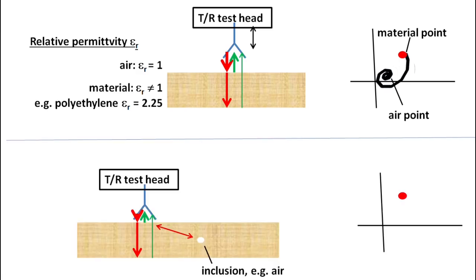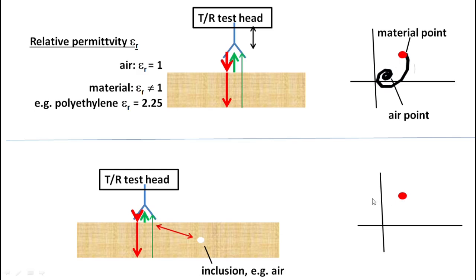Now let's come one point further. When we introduce an inclusion, a defect, which at first is far away, then there is practically no radiation hitting the inclusion and no reflection, so we have the situation as it was before, and the display shows the materials point.